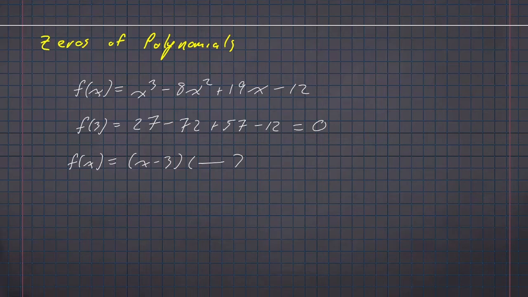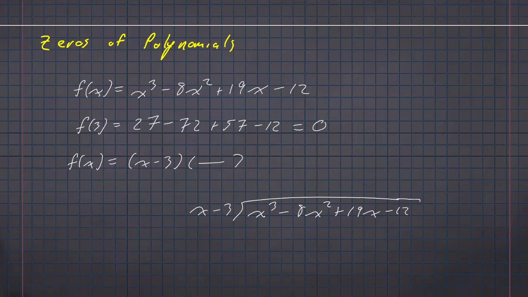And so to find that something, we can divide. If we take x cubed minus 8x squared plus 19x minus 12, and we divide by x minus 3, whatever is left is the other factor. Remember the rules for polynomial long division.